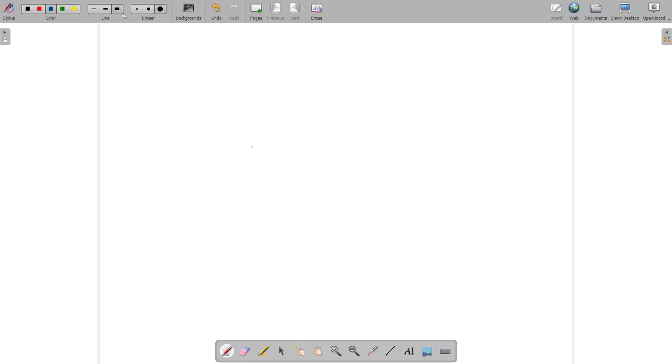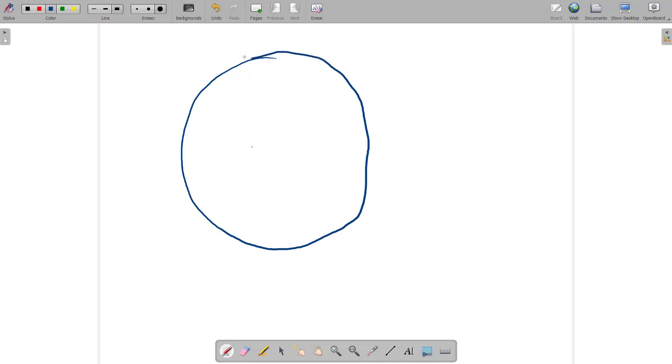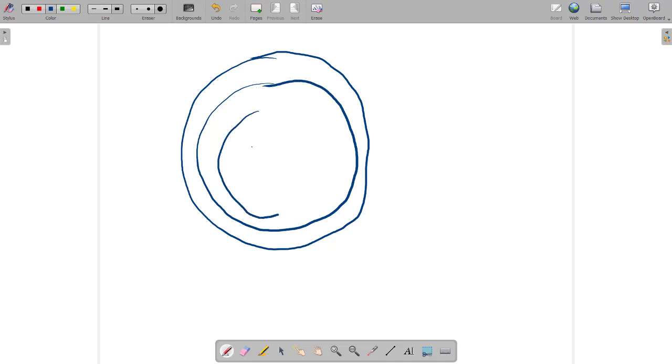So, last day we discussed energy levels. How many main shells are there in Niels Bohr's model? What is this? This is the nucleus.